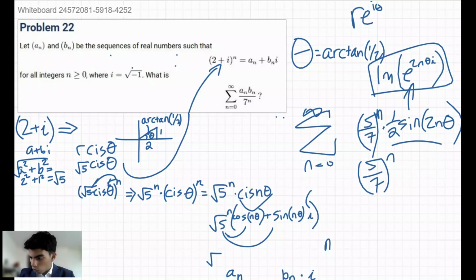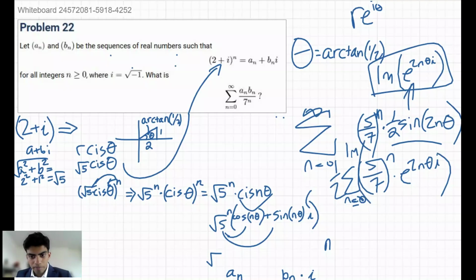So I'll move the 1/2 to the outside and we'll essentially say this is multiplied by e to the 2n theta i, and we'll need to get the imaginary portion of this. We just can't forget that at the end.